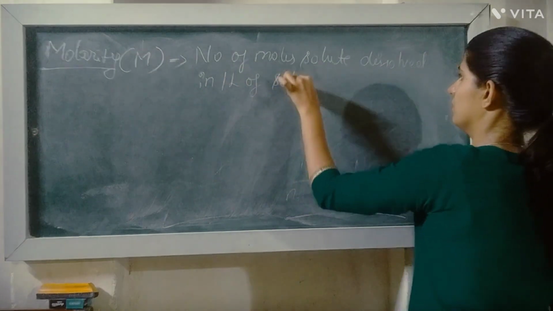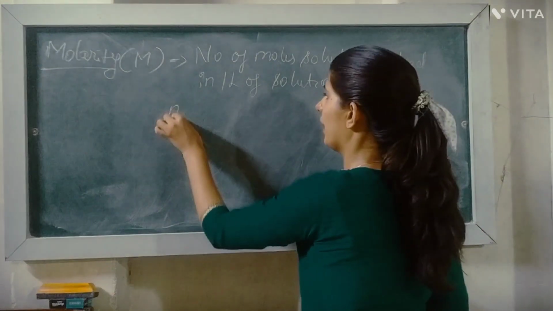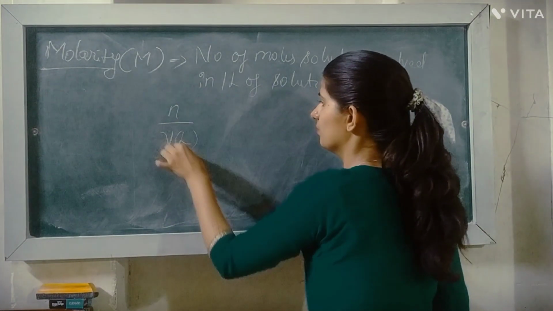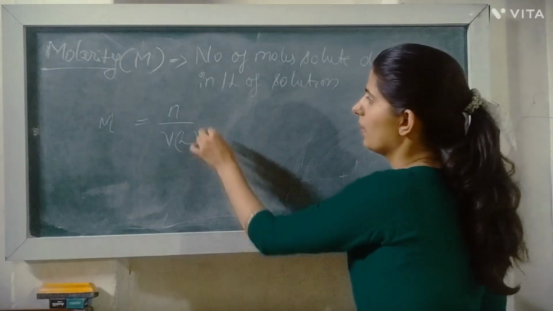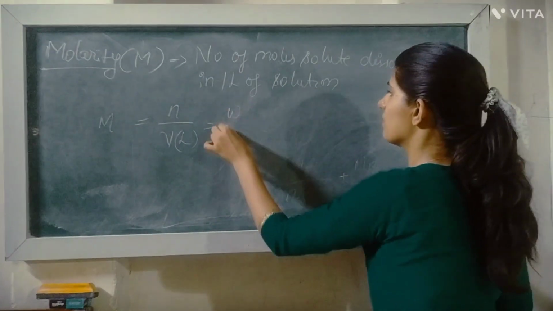We have a formula here: N divided by volume in liter. Again, this number of moles, we know that we can write it as mass by molar mass. This is the number of moles of solute.